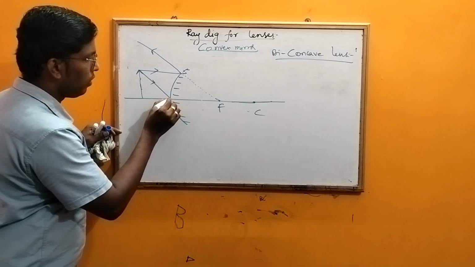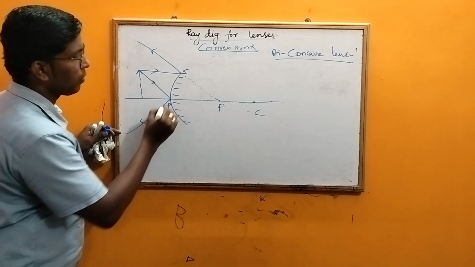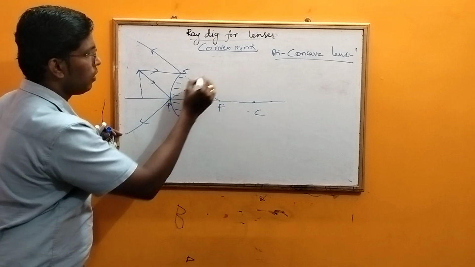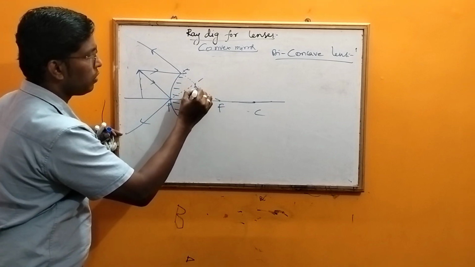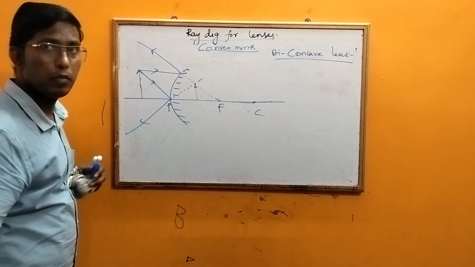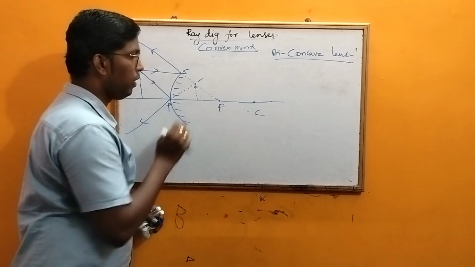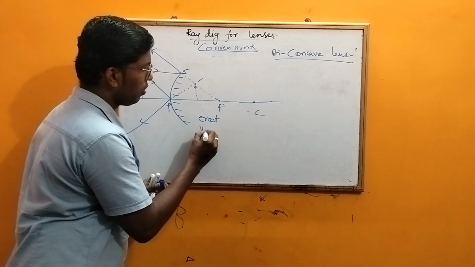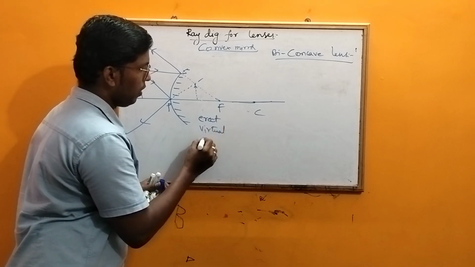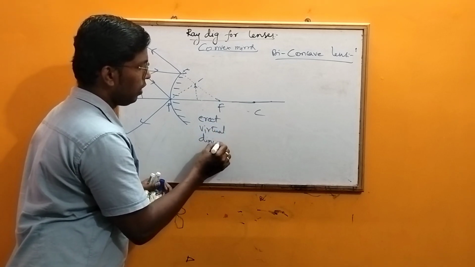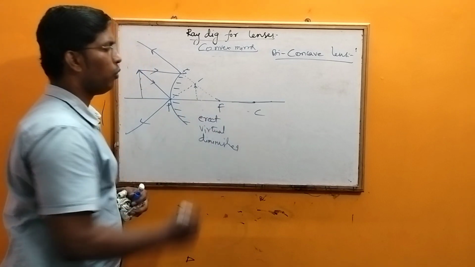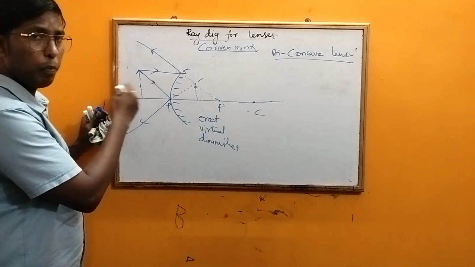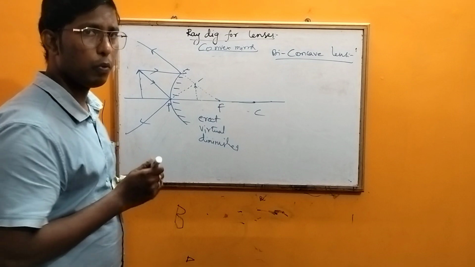So again it will diverge in this way. You just extend. So where are you getting the image? Image is found here. Where? Between pole and focus point. And how does the image look? It is erect, meaning straight, virtual image, and it is diminished. And the image is formed between pole and focus. Wherever you place the object, the image will be formed at this point only.